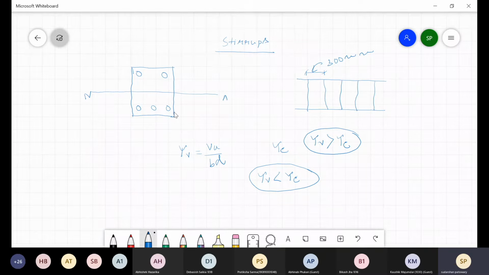So in this beam, 2 bars are provided at the top and 3 bars are provided at the bottom. So the bottom ones will resist your tension and the top ones will resist your compression.